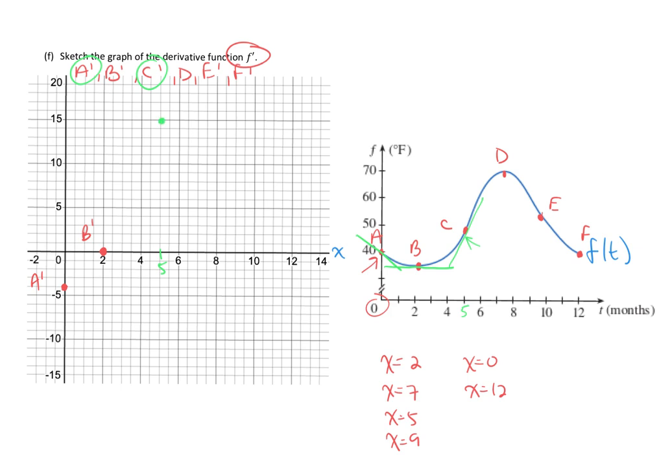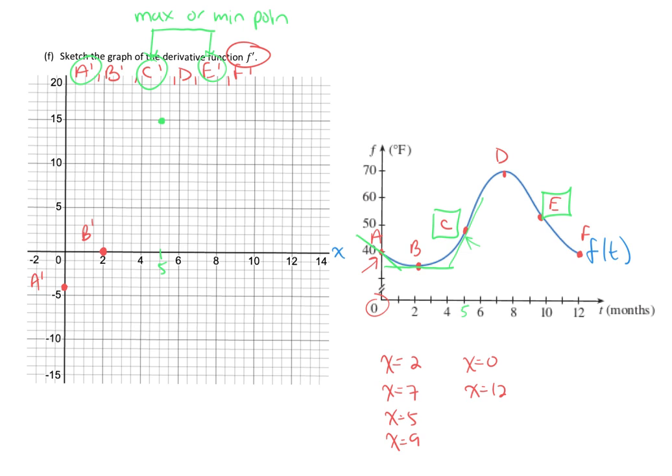Another thing to notice is your inflection points. On the original function, we have inflection points at point C and point E. When you graph the derivative, these inflection points will be either a max or a min point.